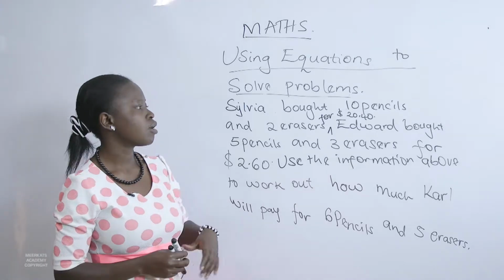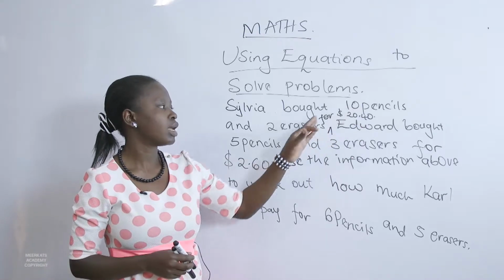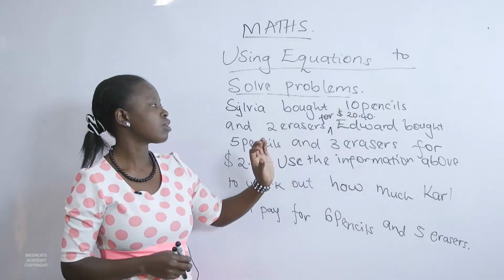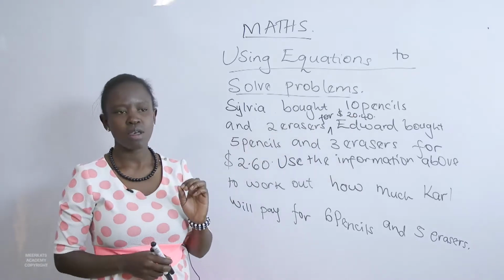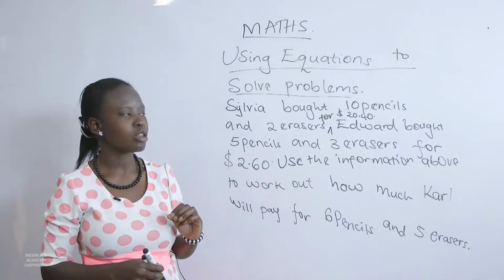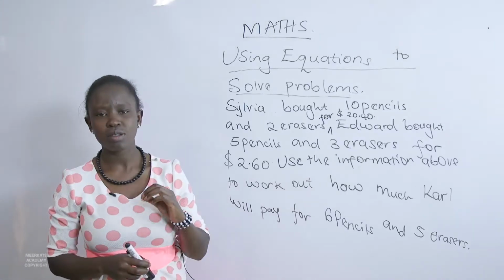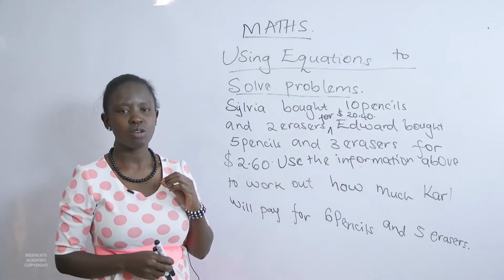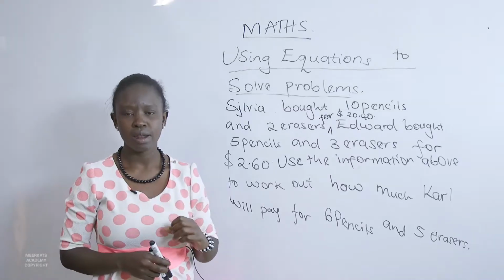For instance, we are having 2 items that are being bought here. We have pencils and we have erasers. So we need to define which pronumeral are we going to use to represent the pencil, which pronumeral are we going to use to represent an eraser.